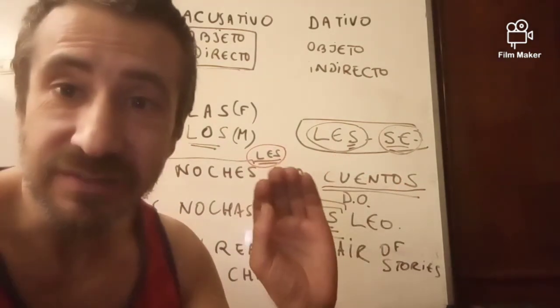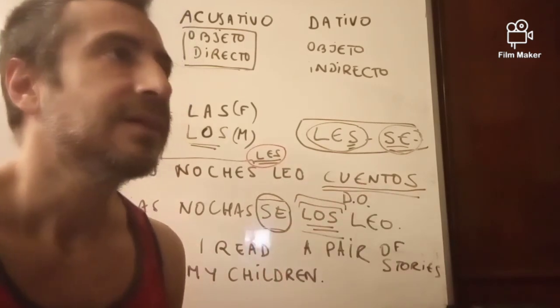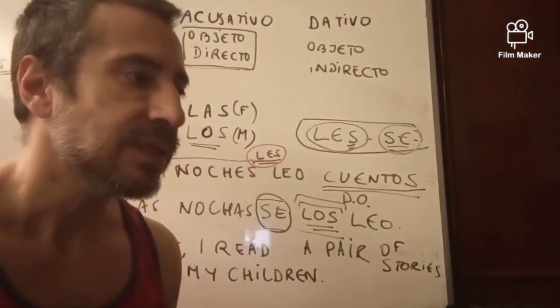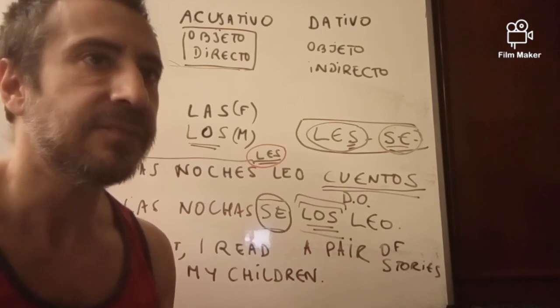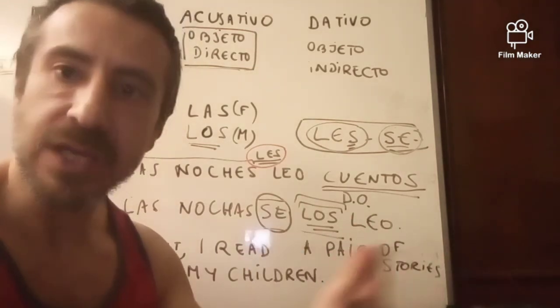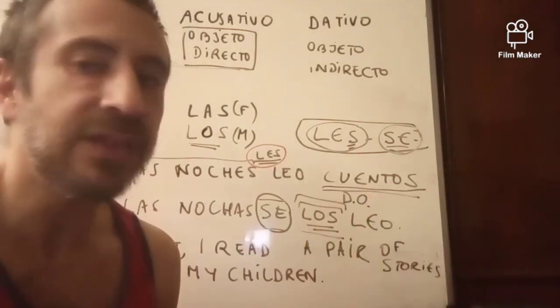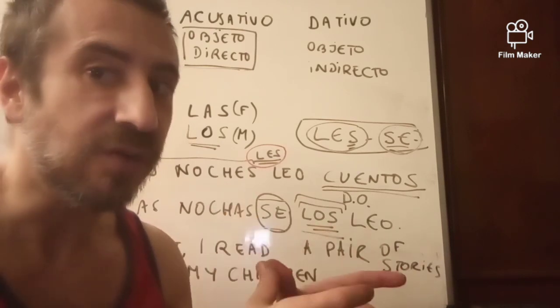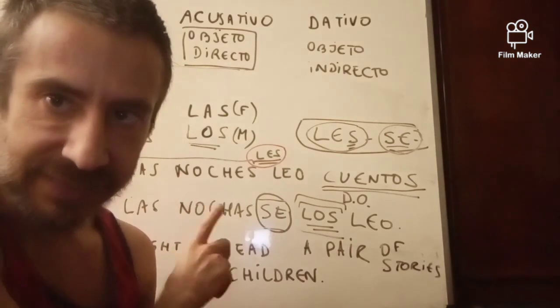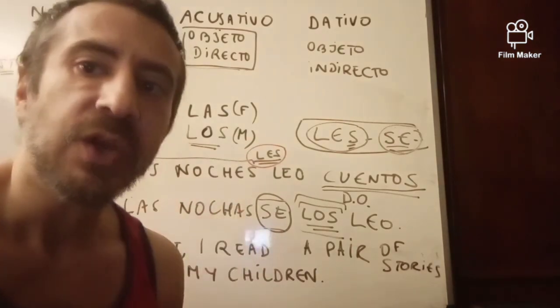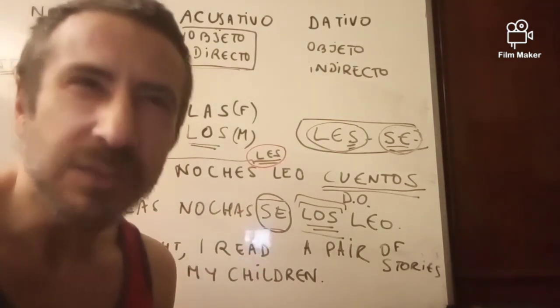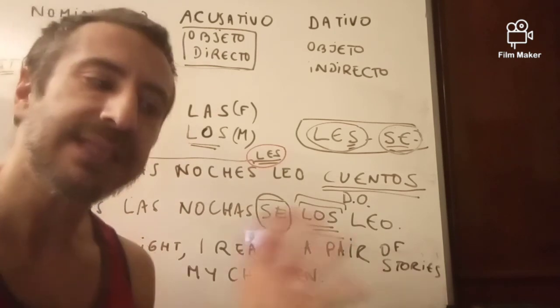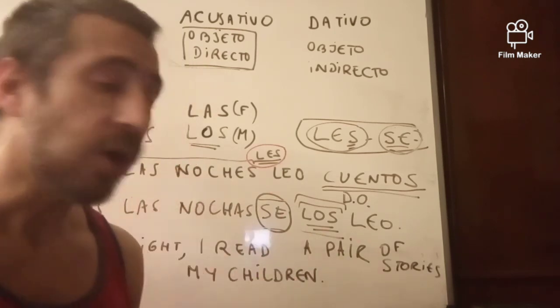As an introduction, for example, she's dancing with herself. Ella está bailando consigo misma. Consigo. We haven't seen this yet.